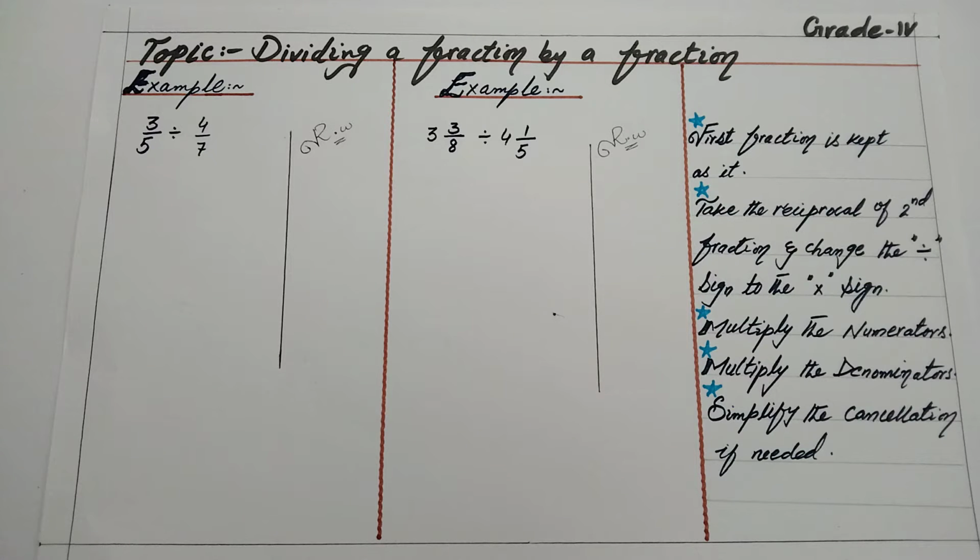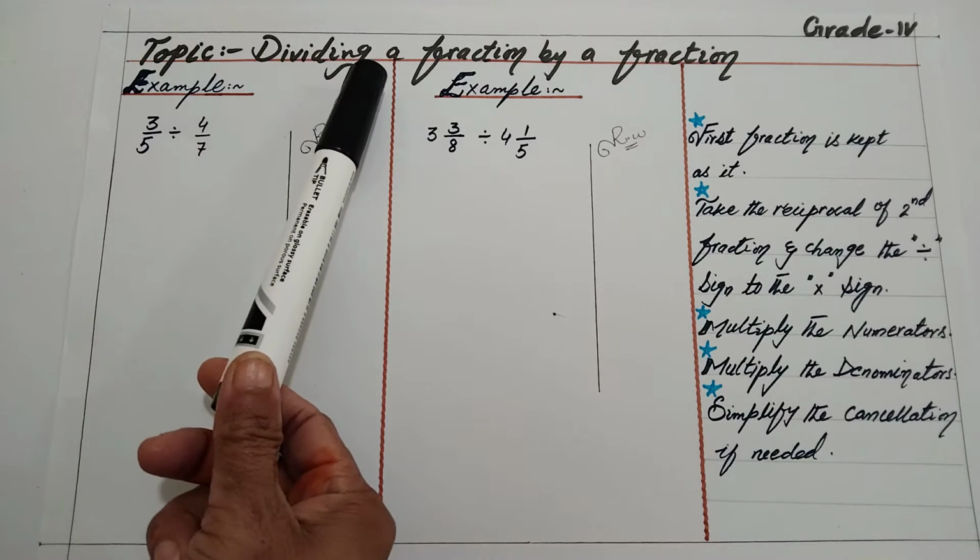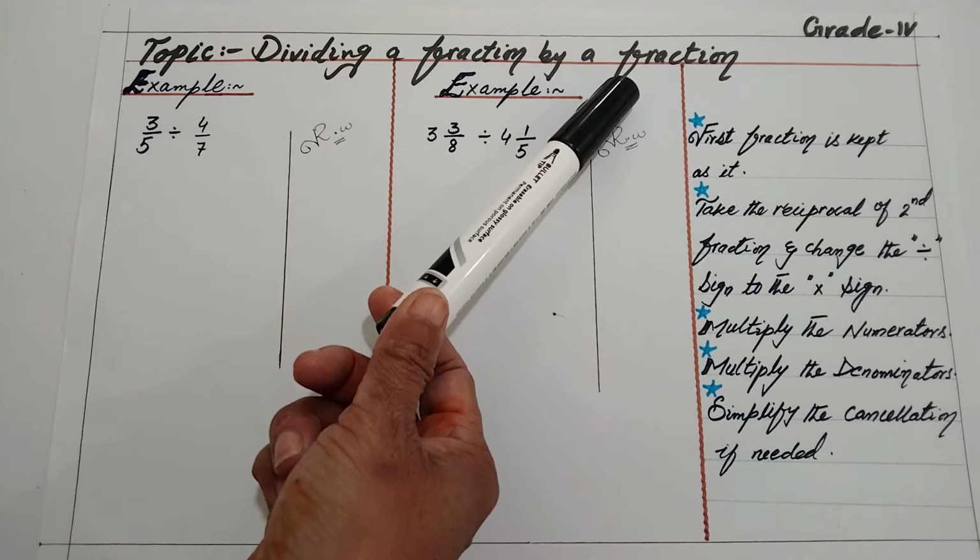Dear students, as in the previous lecture, you have learned how to divide a whole number by a fraction. So today we are going to start the next topic that is also related to the previous one. There is a little bit of difference, and the topic is dividing a fraction by a fraction.